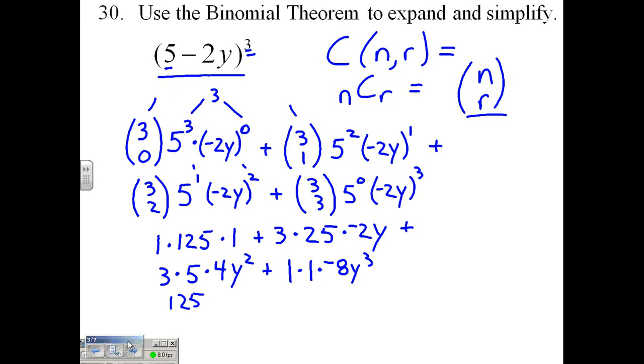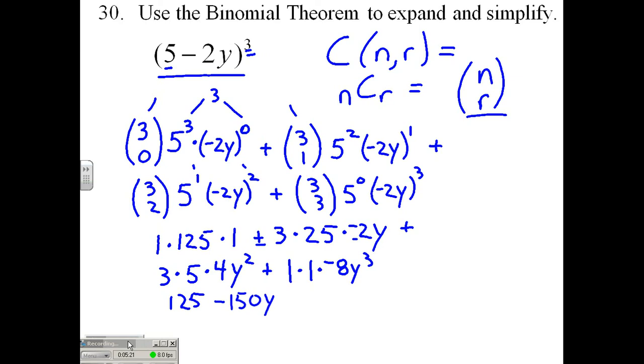Here I have a plus times a minus, so minus 3 times 25 times 2, 150y.